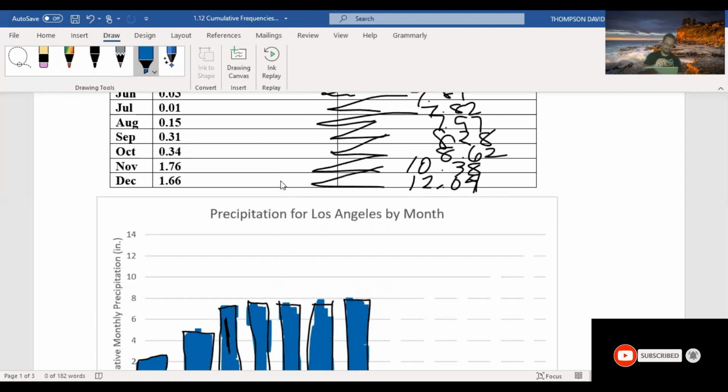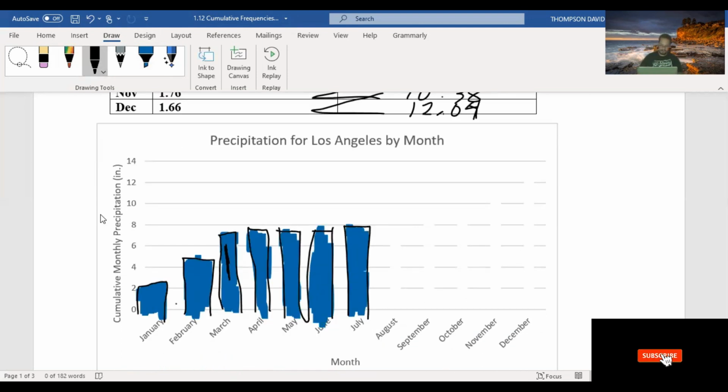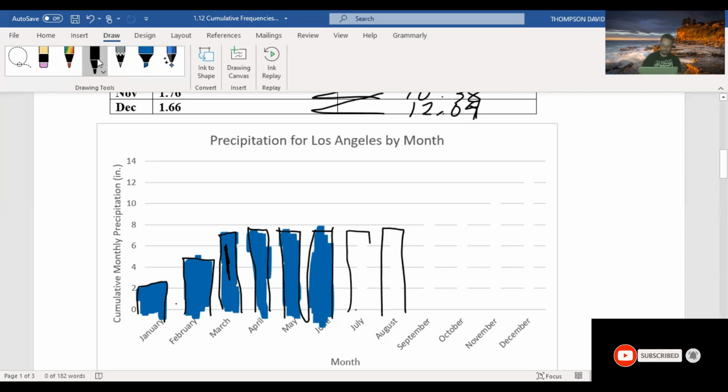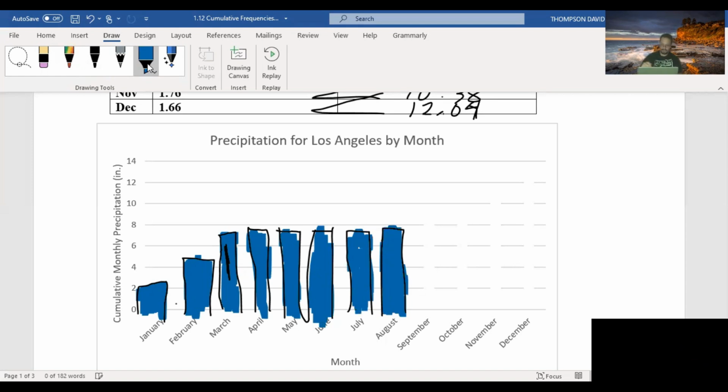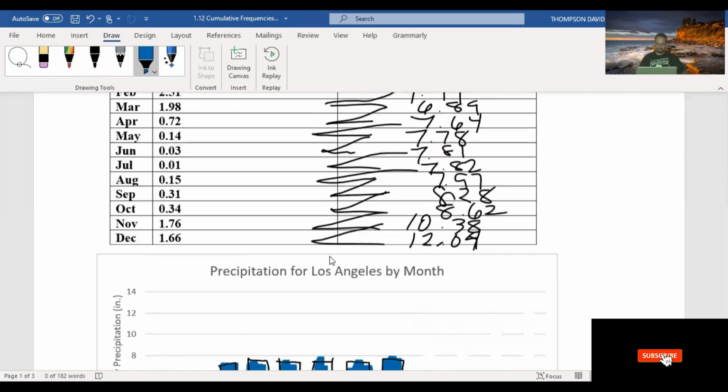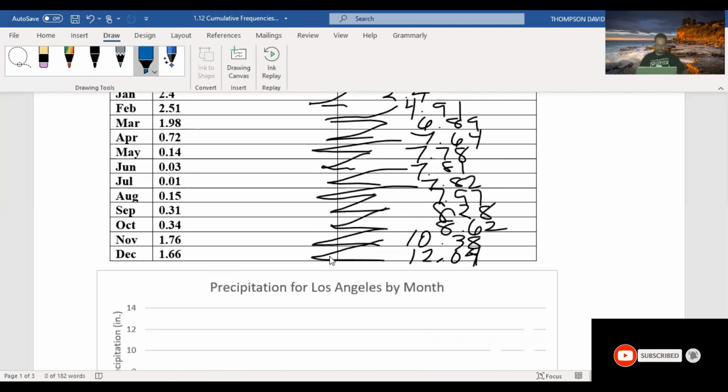So let's just fix our bar. And we're going to fill both bars in. So apparently in Los Angeles, it is very dry in the summer, which makes sense because that is close to the desert area of the United States.